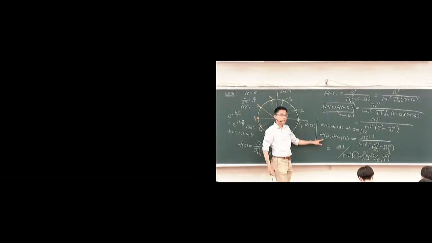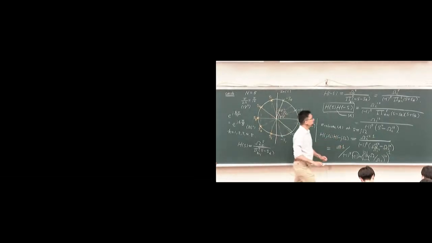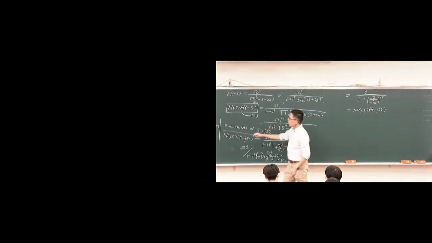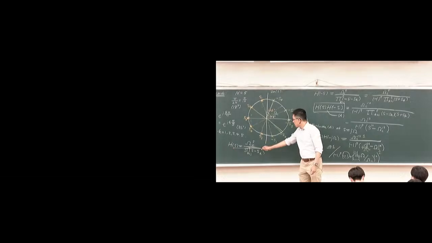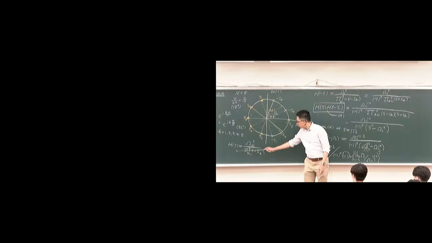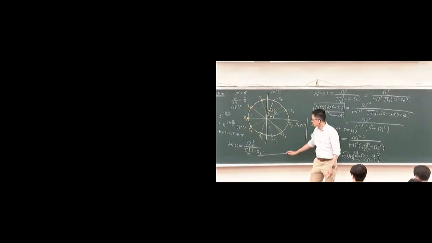But here, this expression is j omega H minus j omega. What is H? H is before we add 5 more roots. It turns out that this H has real coefficients.